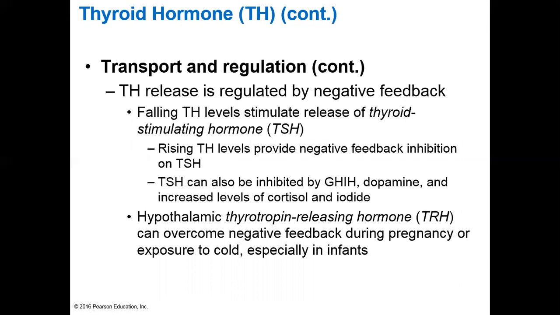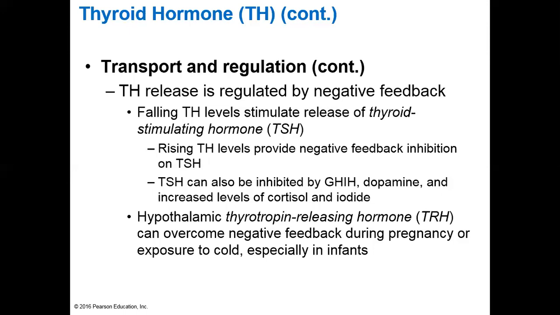All right, so what else is there? Negative feedback mechanism, that makes sense, right? We turn it off when we think about it, because it controls the metabolism of every single cell. So the negative feedback mechanism is a big deal. There is hypothalamic thyrotropin releasing hormone, that is TRH, and that's important too, because it has a feedback mechanism, but we can overcome that when a woman is pregnant, because then we definitely need that.